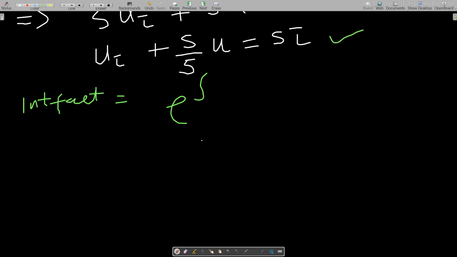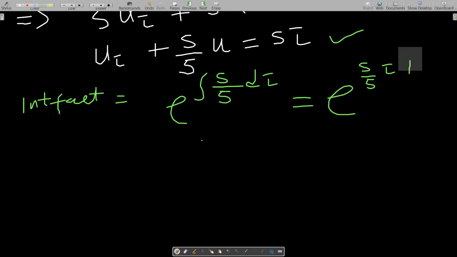So e to the power integral of the constant in front of u, s over 5 d tau, gives me e to the power s over 5 tau. Now plus some constant, but in the integrating factor formula, the constant is 0, so you don't write it.